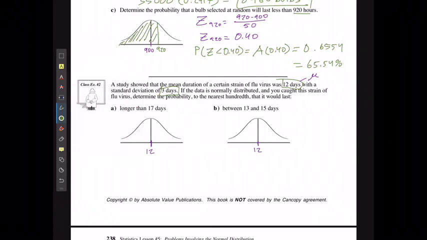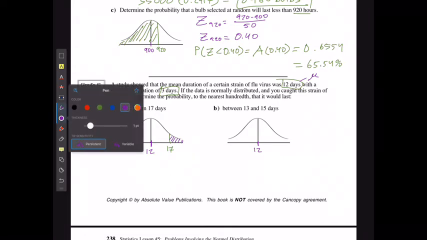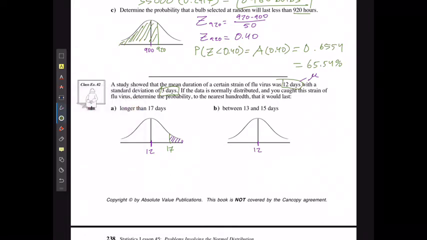So if I had 17 up here, then I'm solving for the area that's above that. If it's between 13 and 15 days, well, 13 days would be more than 12, and 15 days is going to be more than that. And I'd be solving for the area in between here.